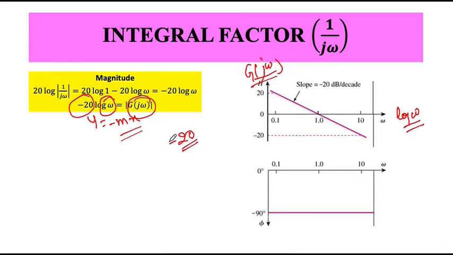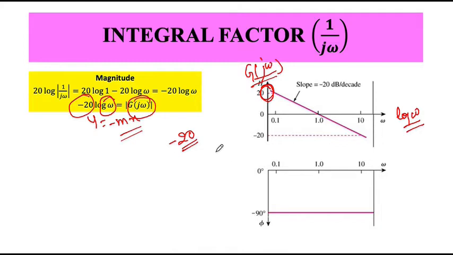Correct? So if I were to plot this, I will not plot at omega equals 0, because the log value is not defined. But any other value apart from 0 we could plot.